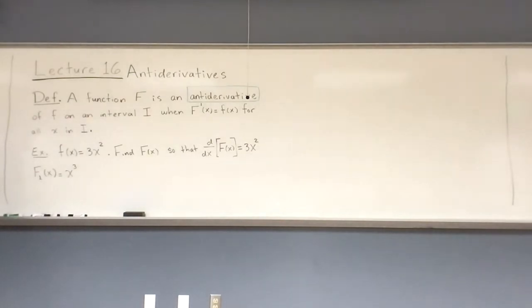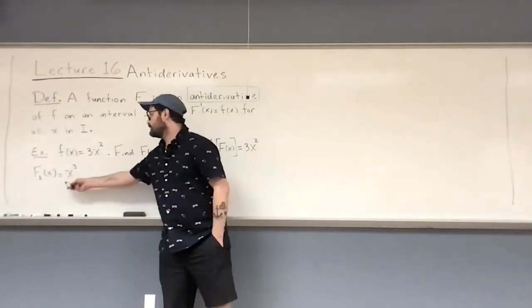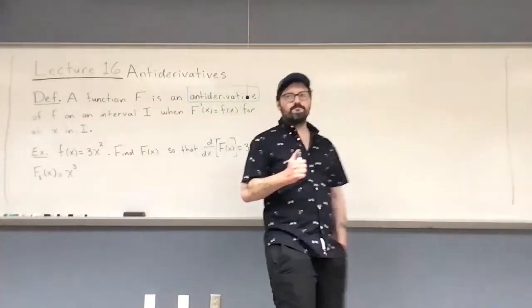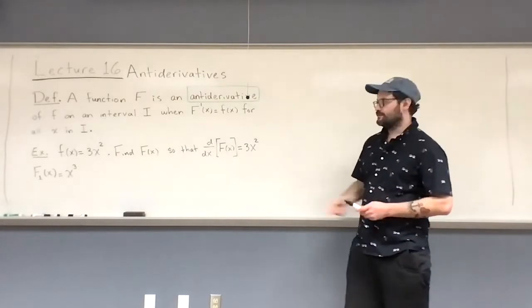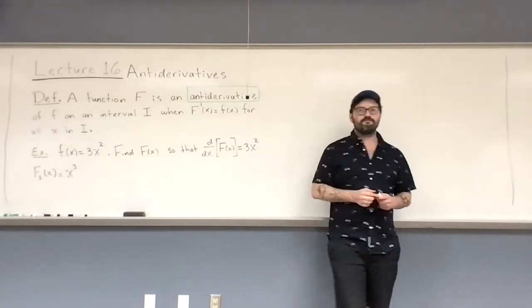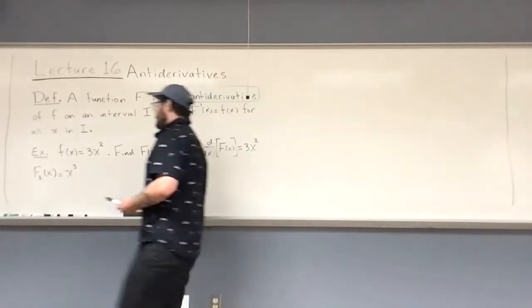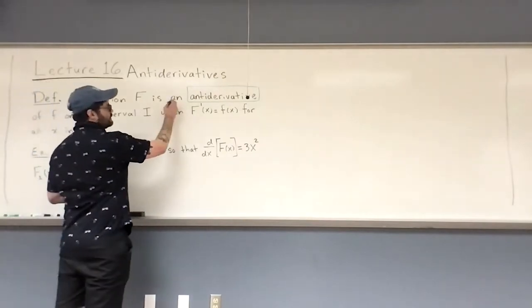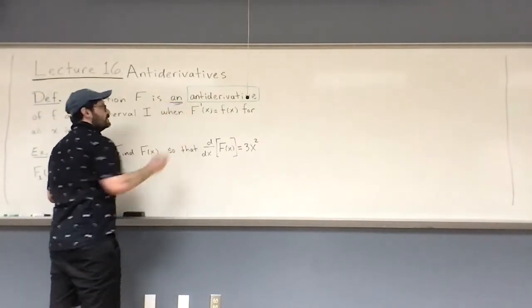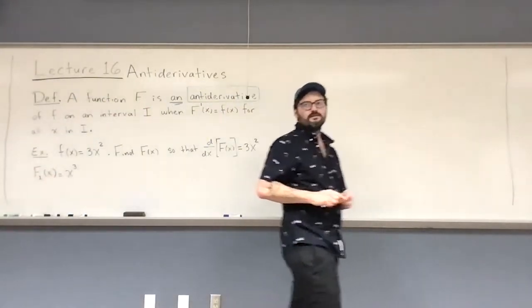So does that work? If I take the derivative of that function, does it equal that? It does. It'd be 3x squared. So notice the terminology here in the definition: an antiderivative, not the antiderivative. So this implies there could be more.